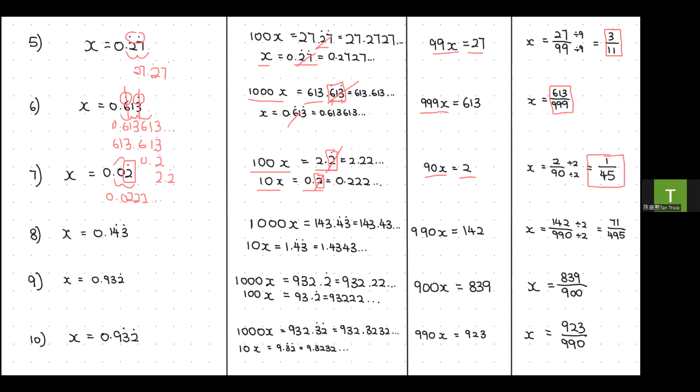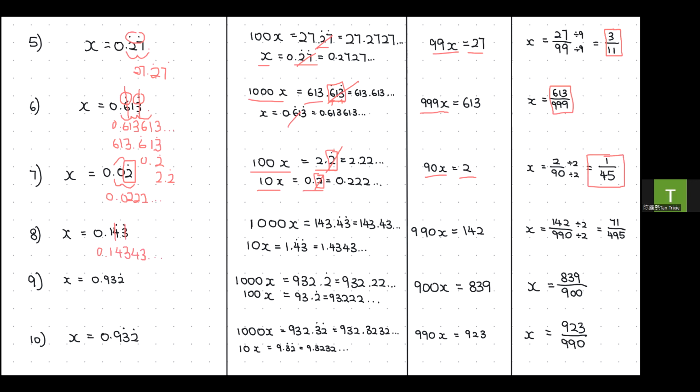Now the next question. Question 8, x equals 0.143. The dots are only on 4 and 3, so the recurring decimal will be like this: 0.14343, repeating only the number 43.